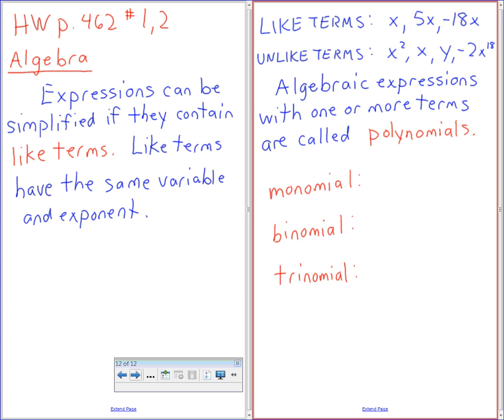Okay, we're going to talk about monomials, binomials, and trinomials. A monomial is something like 3x. A binomial is something like 3x plus 4. A trinomial is something like 3x squared plus 4x plus 5.